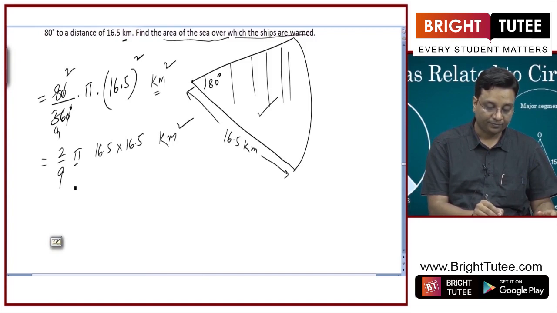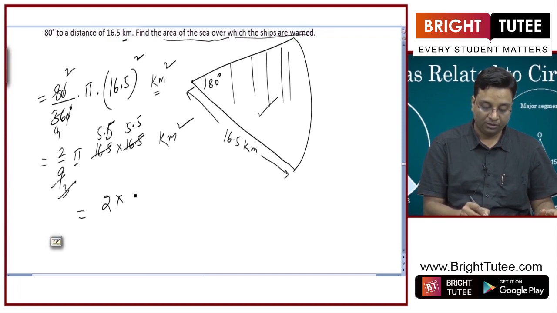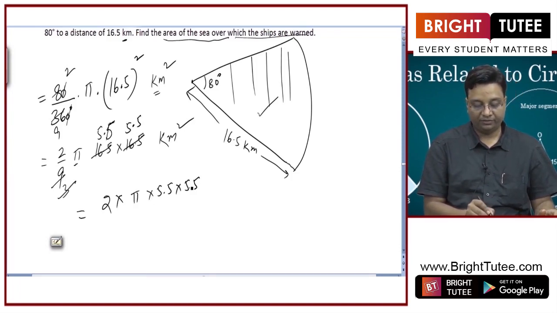Okay. I'll show you one or two steps more. You can cancel it by 3, 3 nines are 9, 3 fives are 15. No, 3 fives are 15 again, 5.5. So this will cancel again to 5.5, right? So it will give you 2 into pi into 5.5 into 5.5.